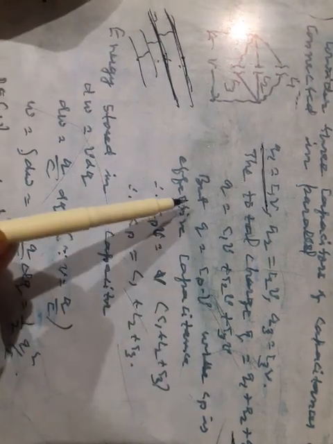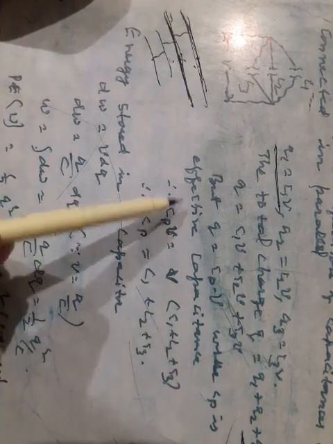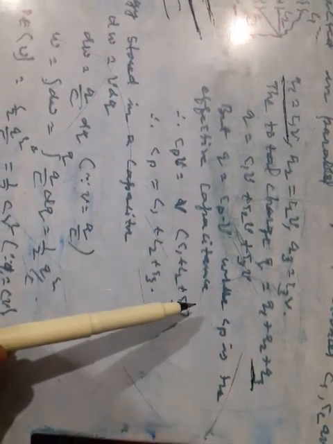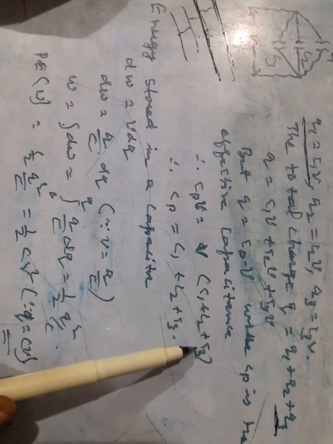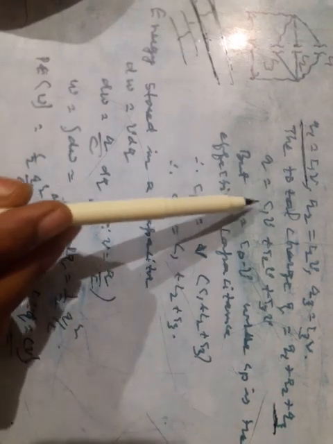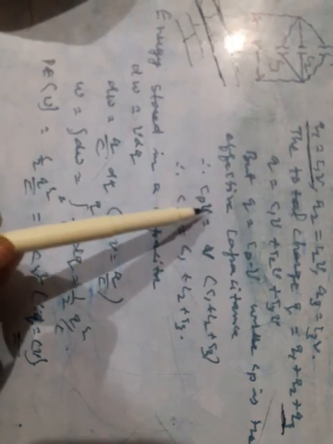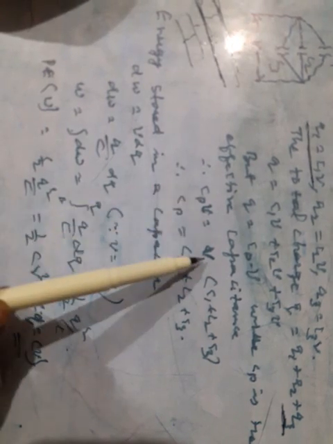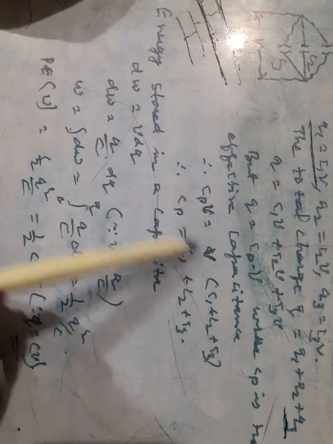Q is equal to C1V plus C2V plus C3V, but Q is equal to Cp into V, where Cp is the effective capacitance. So CpV is equal to V times C1 plus C2 plus C3. Here V is taken common. Now you will observe on the left side and right side, both have V, so you will cancel V.